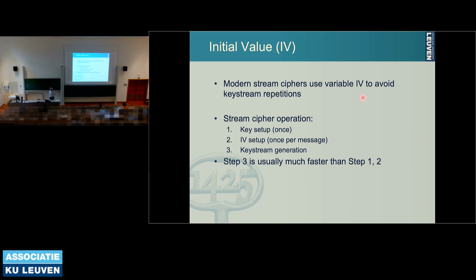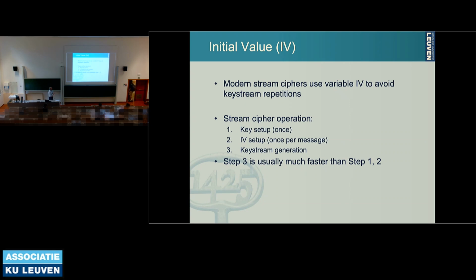So that means that a typical stream cipher nowadays performs some key setup. That's typically a rather long process, from the short random key to define the whole state update and the internal state in a complicated way depending on this key. Then for every new message that you want to encrypt, you have a setup of the initialization vector, different for every message. And then you generate key stream to encrypt the bits.